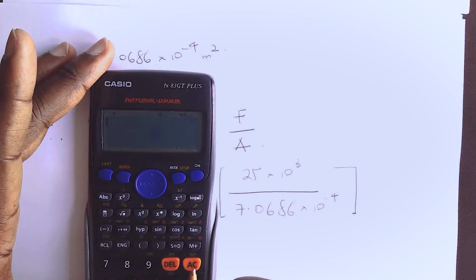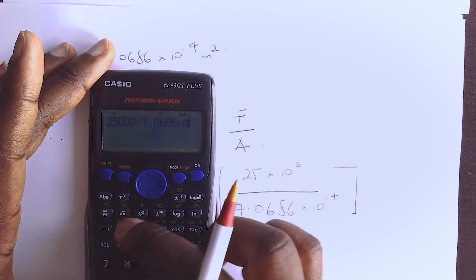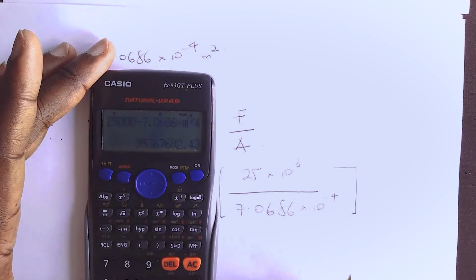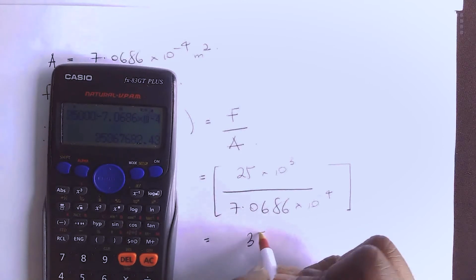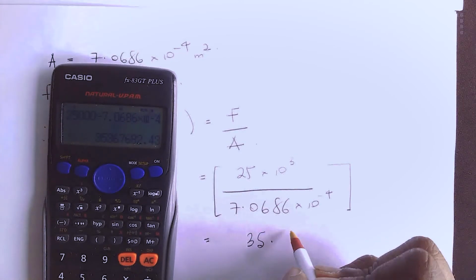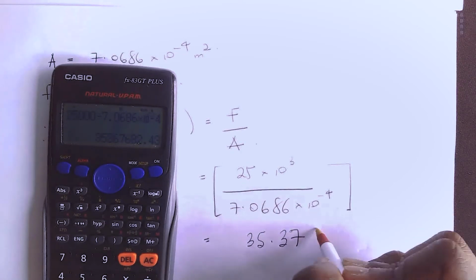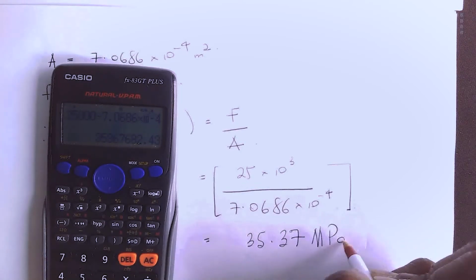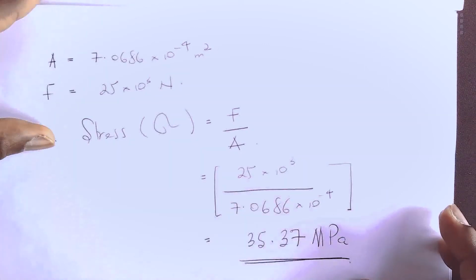Let's do this again. 25,000 divided by 7.0686 times 10 to the power minus 4. And that gives 35.37 MPa. So we've worked out the stress.